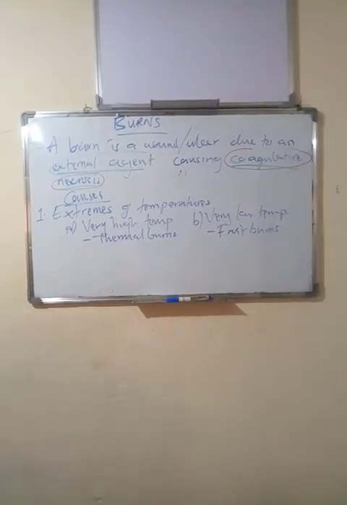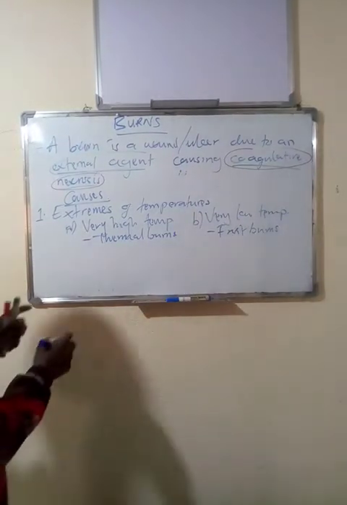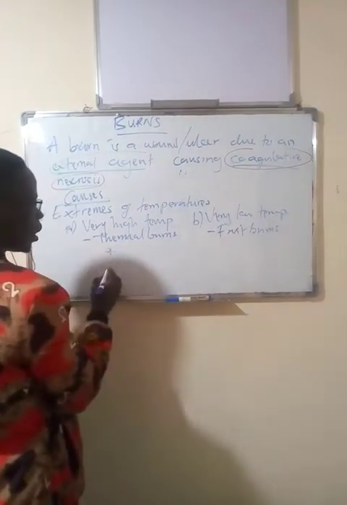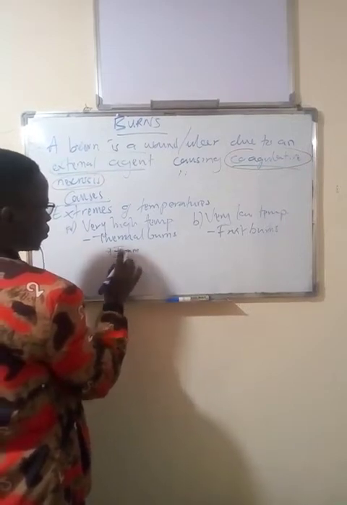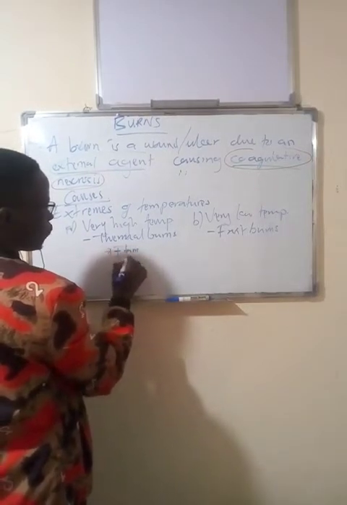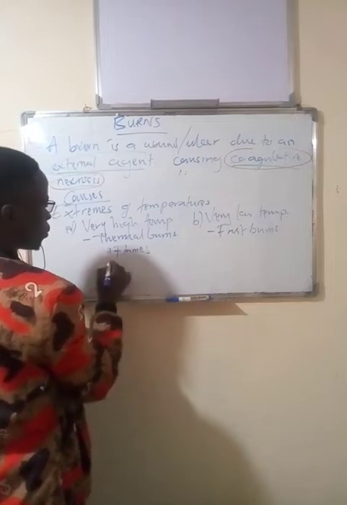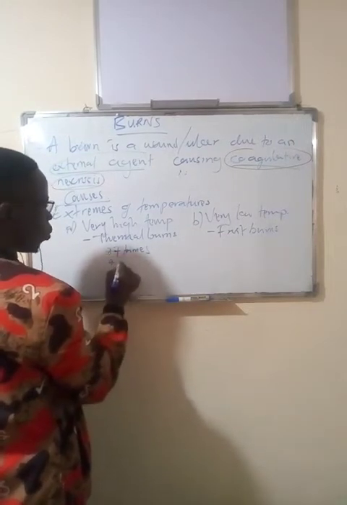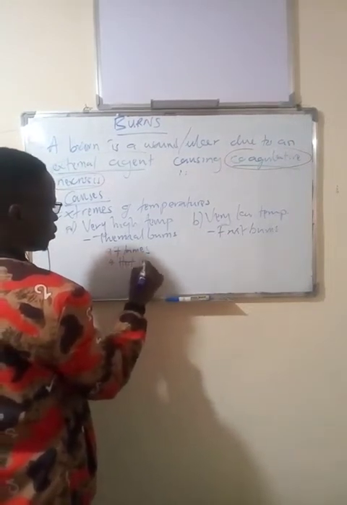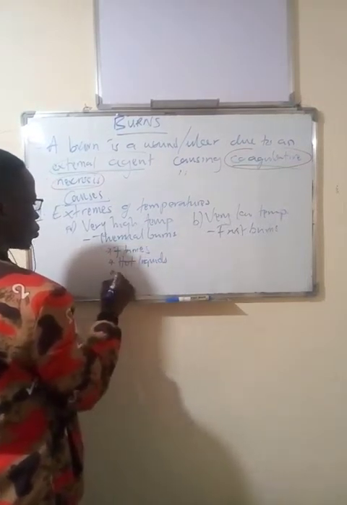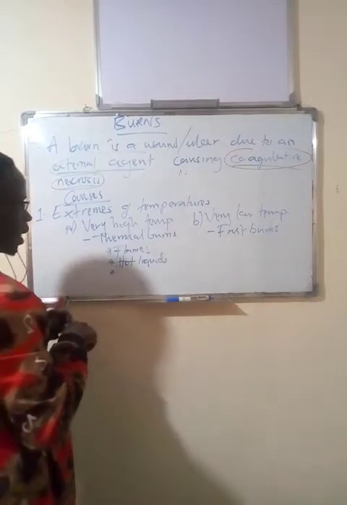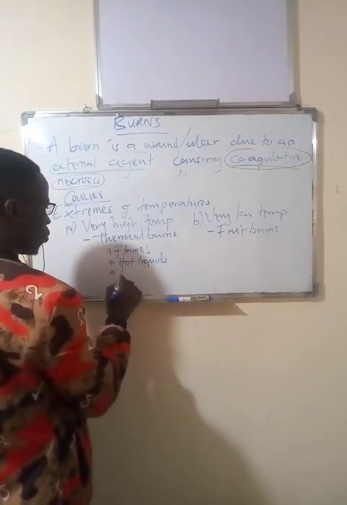Now, on thermal burns, you can have, for example, flames or fire. You can also have things like hot liquids. You can also have things like hot vapor.